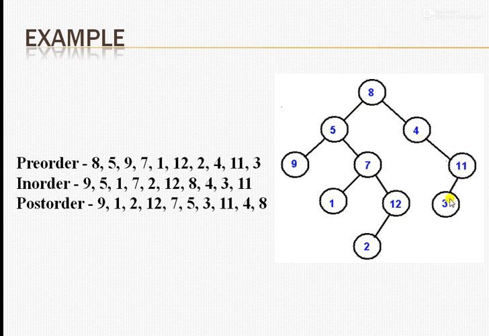Now in order traversal the sequence was left, root, right. So I'll come down deeper, 9, that means left, it has no left, so I'll print 9, then 5, then 7. 7 has left, that means 1, after printing 1 it will be 7, then it will come here, 2 will be printed, then it will print its parent, that is 12, then it will be 8, then 4, then 3, then 11.